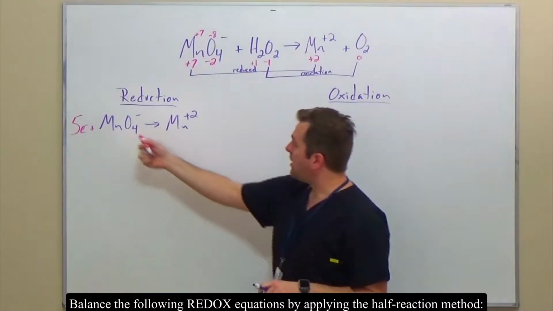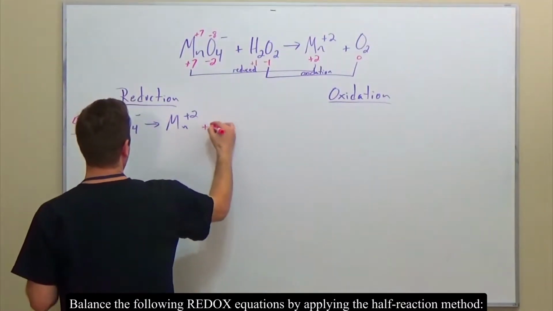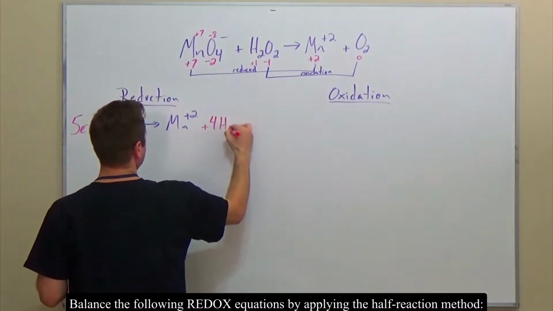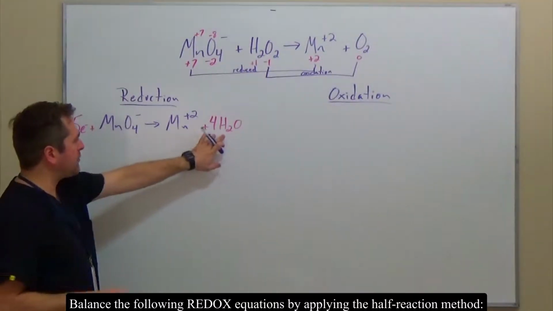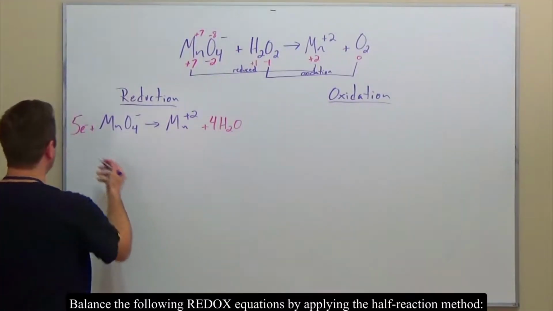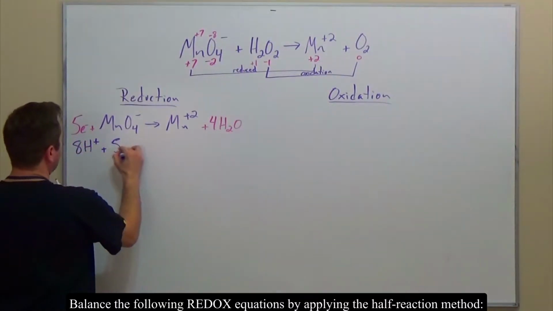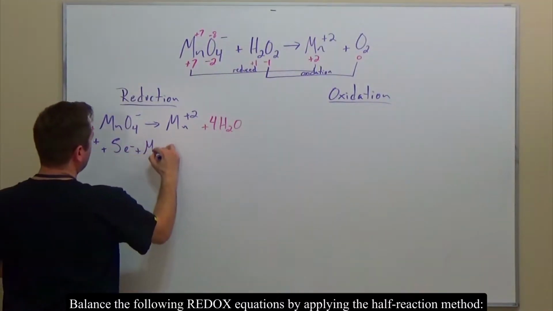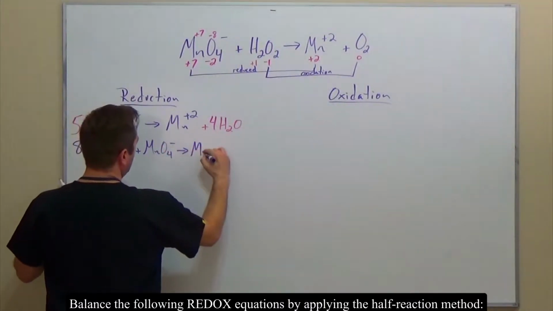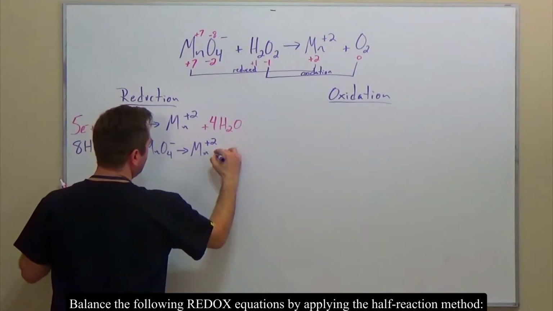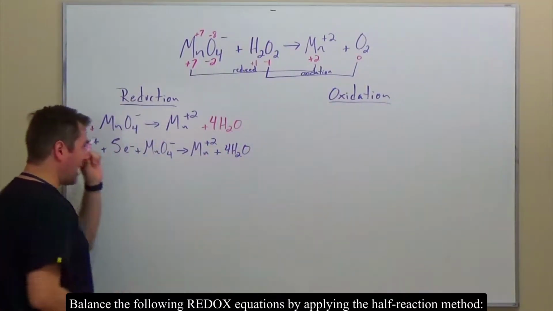Notice that there's 4 oxygens here. So what does that mean? It means that we need to add 4 waters to the right side of the reaction. Now 2 times 4 hydrogens is 8. So we need 8 hydrogen ions, 5 electrons, the permanganate ion, to yield the manganese 2 ion and the 4 waters. Okay, that half reaction is done.